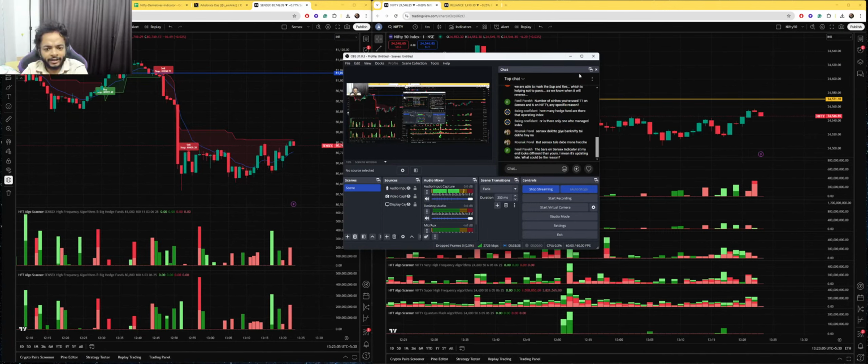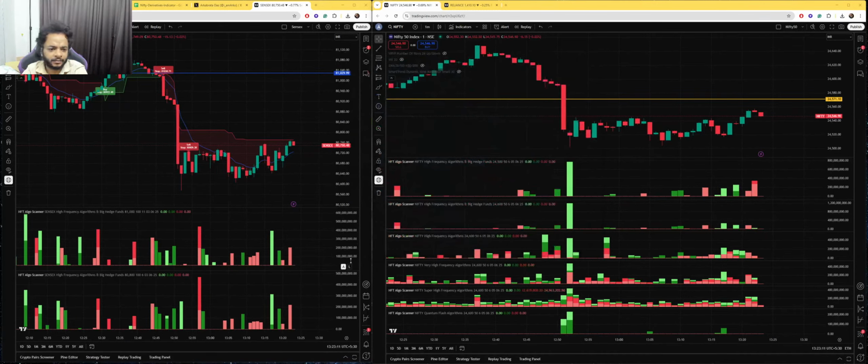So, anyways, again, guys, call writing happened even in Sensex as well. So these are the small sharks that are dominating now.